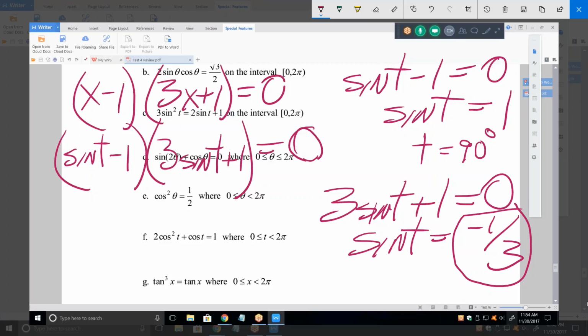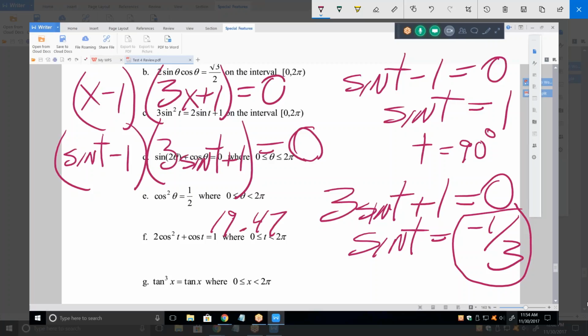What is t? You're taking the inverse sine of negative 1/3. 19.47. Is that what your calculator says?